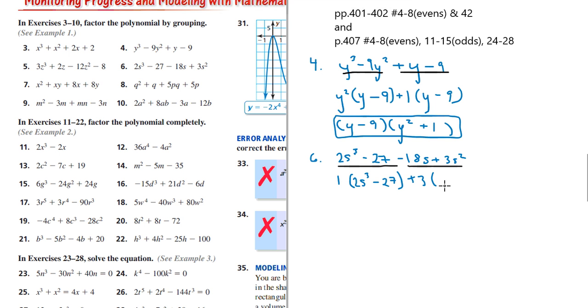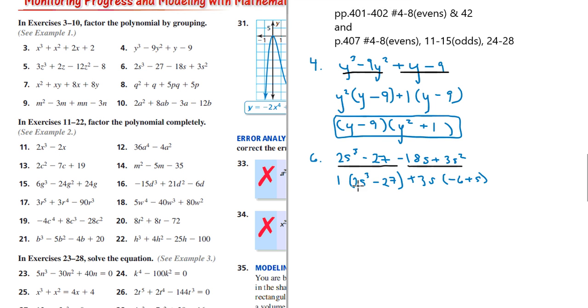But look at this. What we end up with is a negative 6s plus s squared. Oh, excuse me, I could take out a 3s. There we go. And we'd end up with a negative 6 plus s.